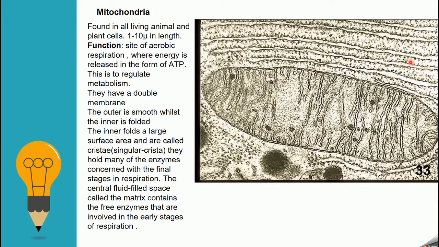This is to regulate metabolism, and they have a double membrane, and the outer membrane is smooth while the inner is folded, and the inner folds give a large surface area, and this inner folded membrane is called the cristae. And they hold many of the enzymes concerned with respiration. And the central fluid filled space is called the matrix, and this is where enzymes are free roaming around, involved in respiration.